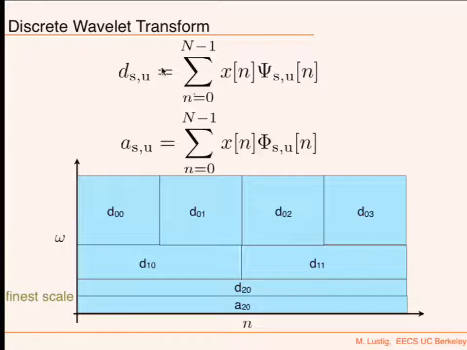The first type are going to be the detail coefficients corresponding to the mother wavelet. And the second are the approximation coefficients corresponding to the father wavelet, or the plug that we need, the low frequency component that we need in order to plug the representation.